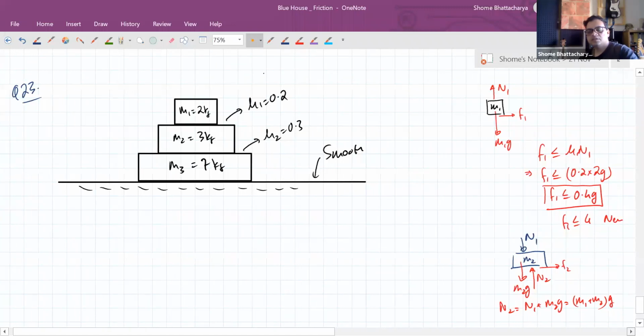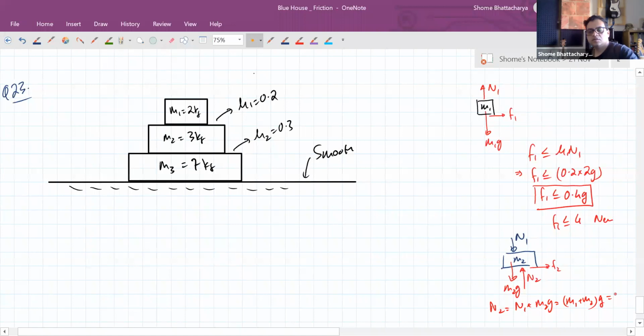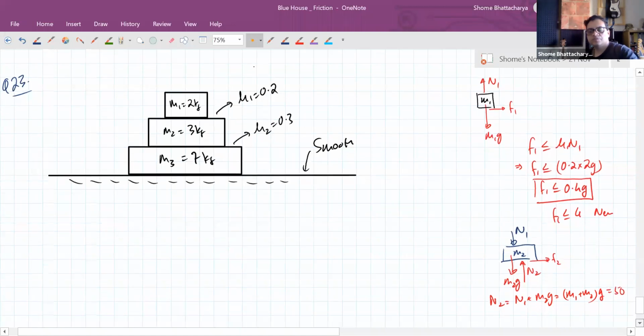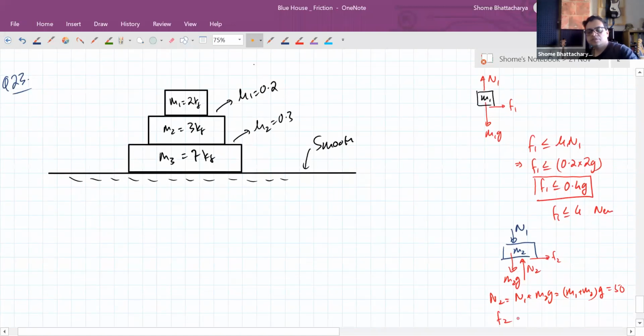So how much is this normal reaction? It is 50 newtons. This friction is less than or equal to mu2 N2. That means this friction is less than or equal to 0.3 into 50, so 15 newtons.